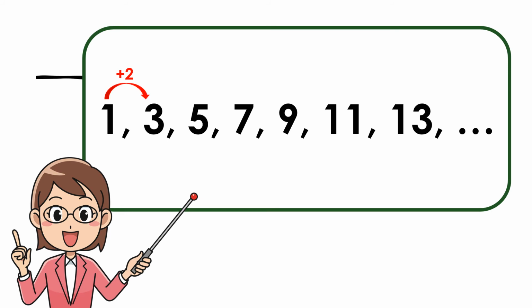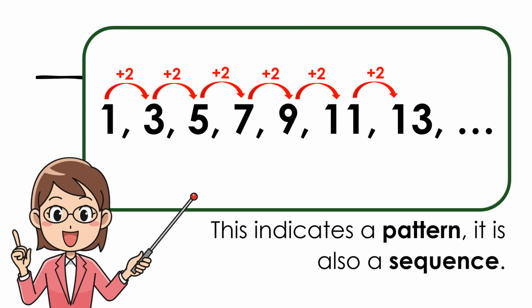If we add again 2 to the second number, this becomes 5. If we add again 2 to the third number, this becomes 7. And the cycle goes repeatedly. Therefore, this indicates a pattern and it is also a sequence.